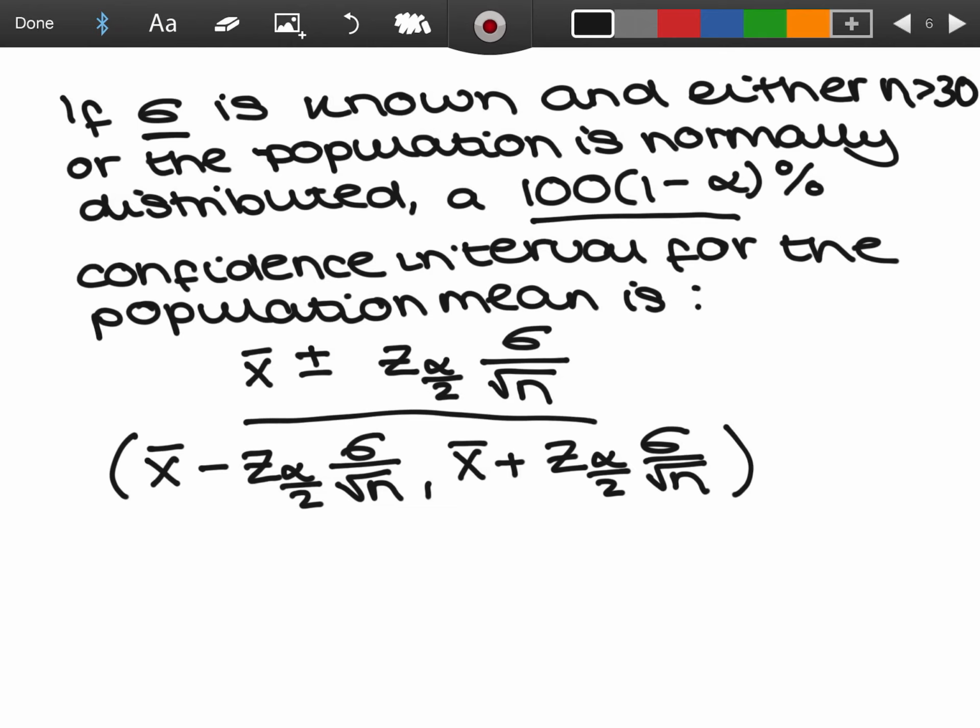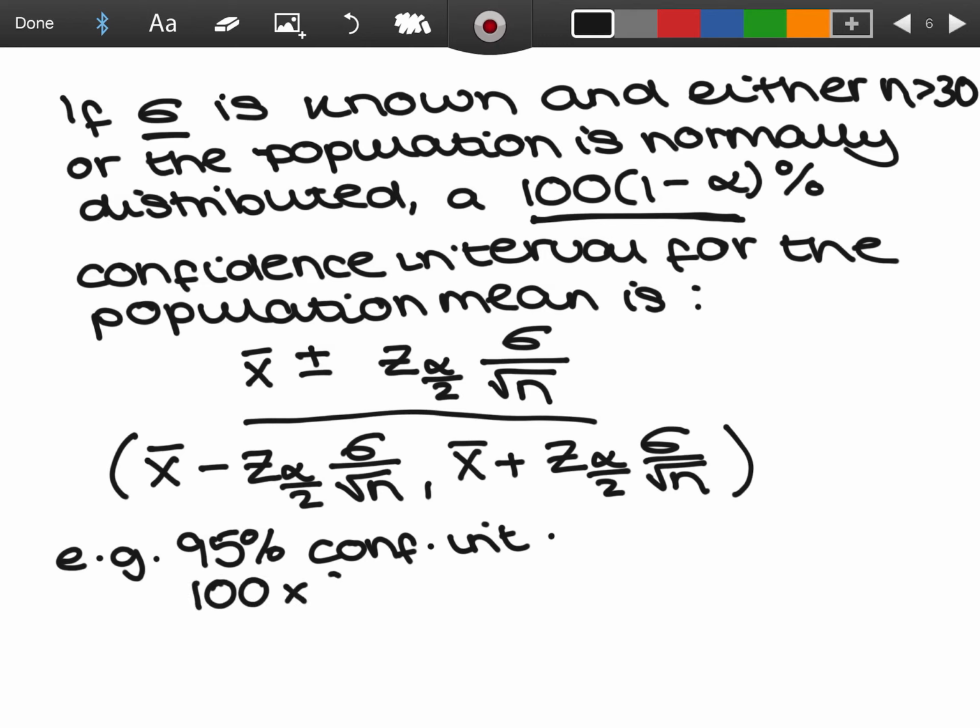So let's say, I'm going to give you an example that will show where we're going with this and what this actually means. Let's say that we wanted a 95% confidence interval. For a 95% confidence interval, to make this thing 95%, that would be 100 multiplied by 0.95.